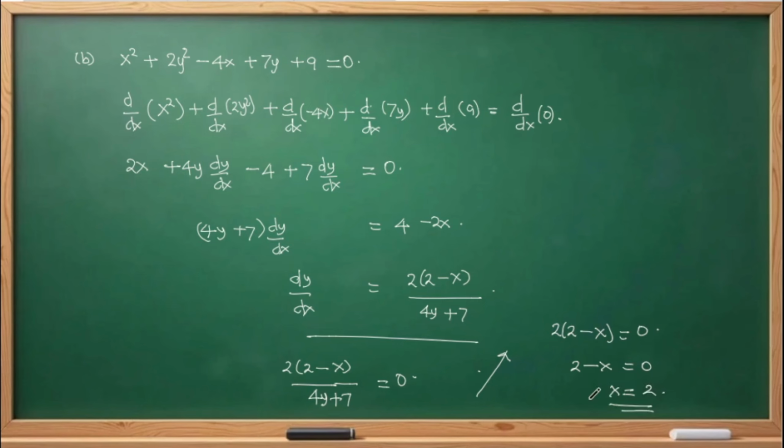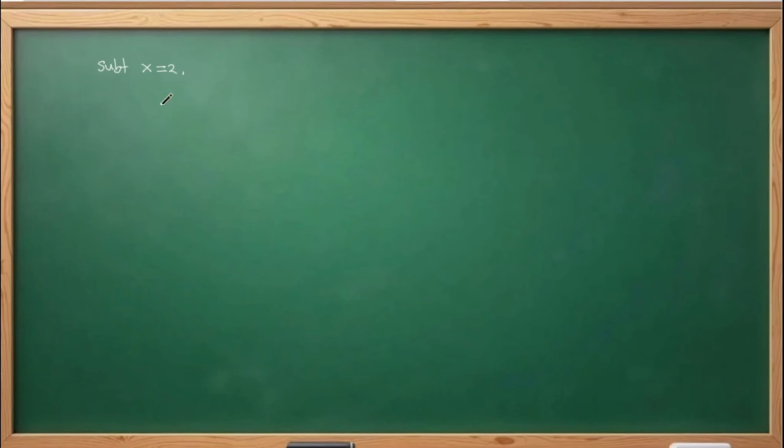So let's again get the value for y. Our original function, which was x squared plus 2y squared minus 4x plus 7y plus 9 equals 0. Wherever we get x, we plug in 2.